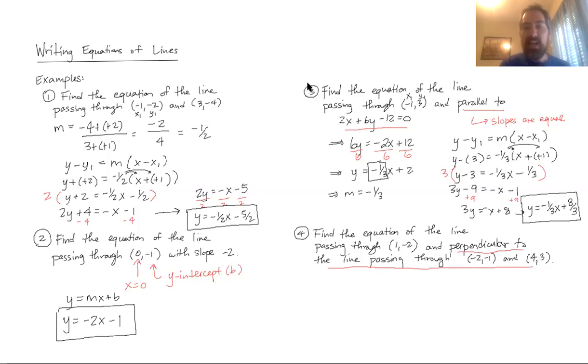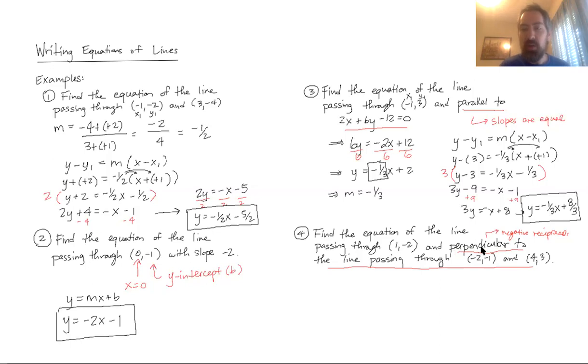And since I know that perpendicular lines have negative reciprocals for the slopes, if I can find the slope of the perpendicular line, then I can take the negative reciprocal to find the slope of the line that I'm looking for. Okay, so let's do that.